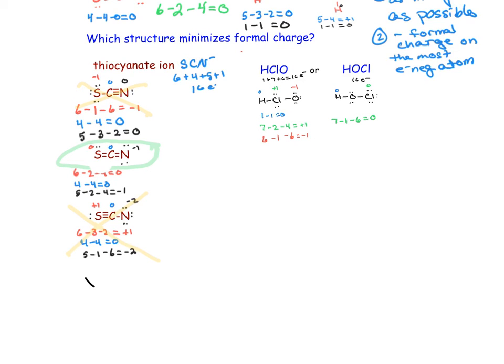And for HOCl, it's 6 minus 2 bonds minus 4 electrons is 0. So we can see that HOCl is a better structure for our hypochlorous acid than HClO. And experimentally, this is the one that is correct.